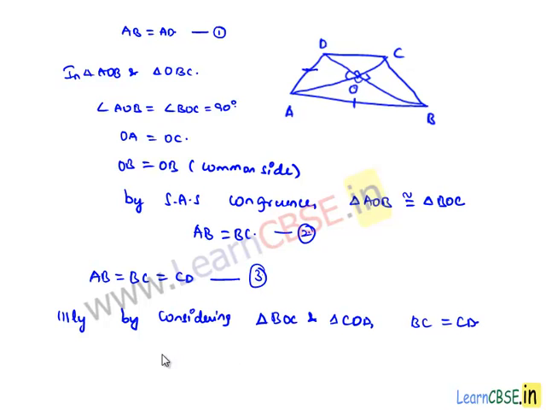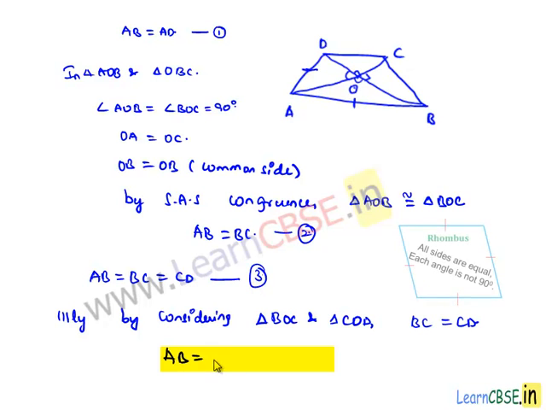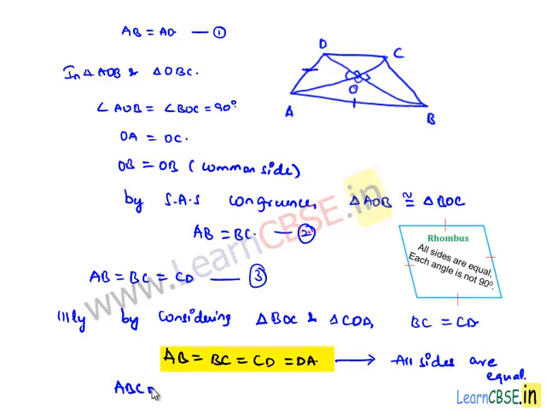So finally we can say that AB is equal to BC is equal to CD is equal to DA. Therefore, we got the first proof that all the sides are equal for the quadrilateral and diagonals bisect each other perpendicularly. So we can say ABCD is a rhombus.